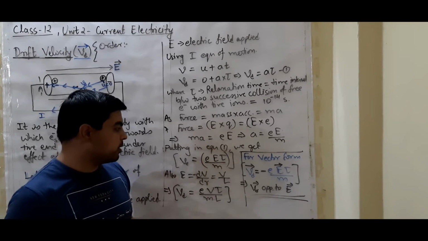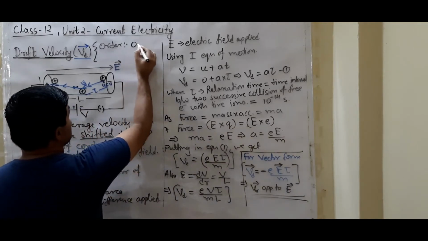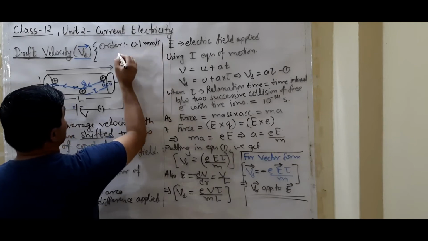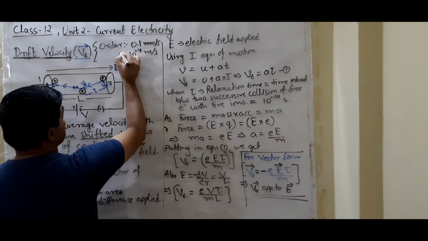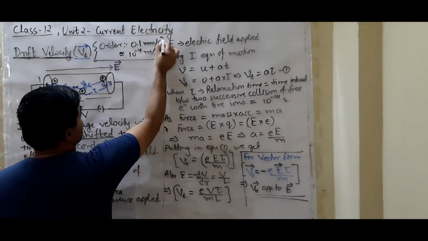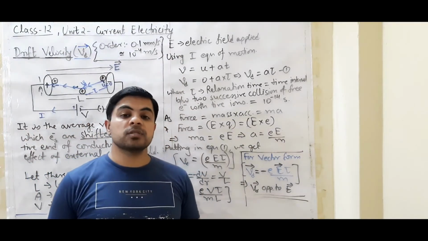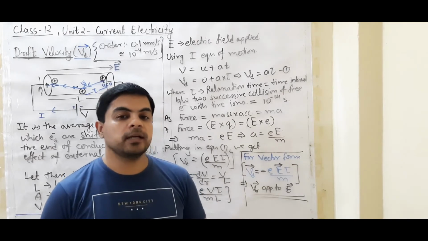So overall the value is coming as 0.1 millimeter per second, or we can say around 10 to the power minus 4 meter per second. This is the order of drift velocity, the velocity with which electrons shift towards the positive end of the conductor to make electric current.